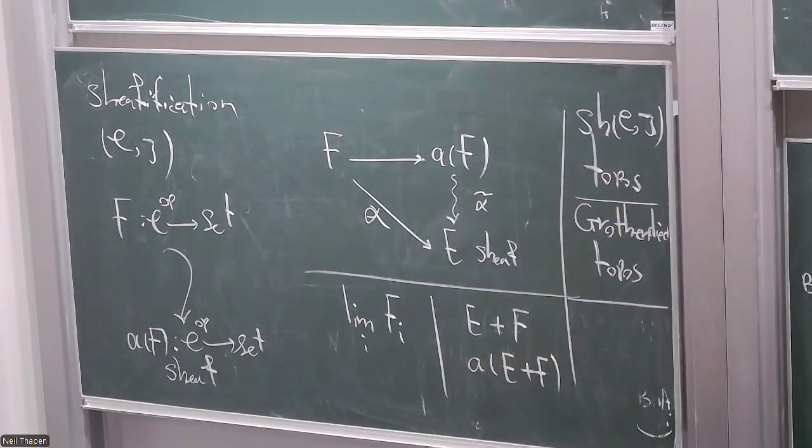Yes, so that's the site. A pair of a category and a coverage over it is a site. Category A, and a coverage over it, J, the coverage.